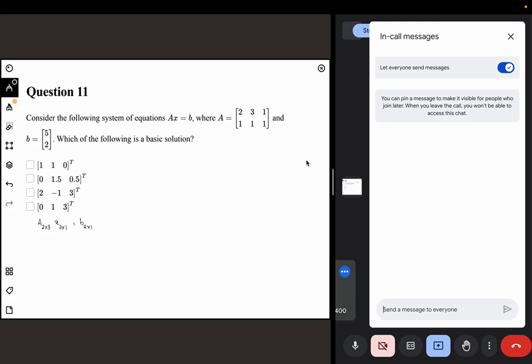How many zeros should I have? Since m is 2, I should have at least n minus m, that is 3 minus 2, so at least one 0 should be there.